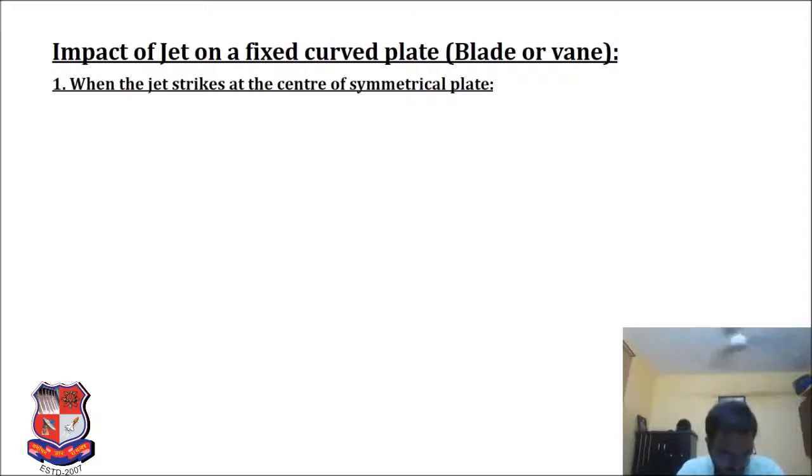So now we are into our new topic, which is impact of jet on a fixed vertical plate that can be a blade or vane. Now slowly we are moving into realistic things in which we will be taking a case of blades or vanes. The first case is when the jet strikes at the center of the symmetric plate.